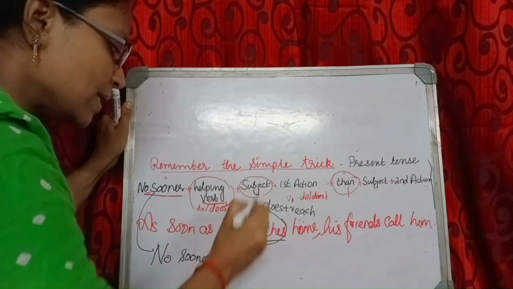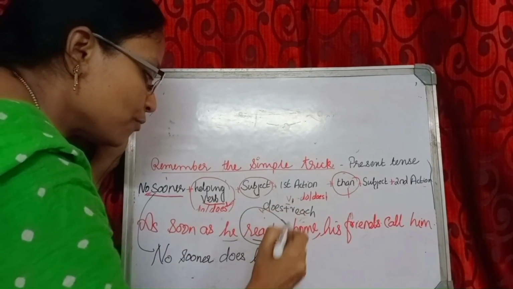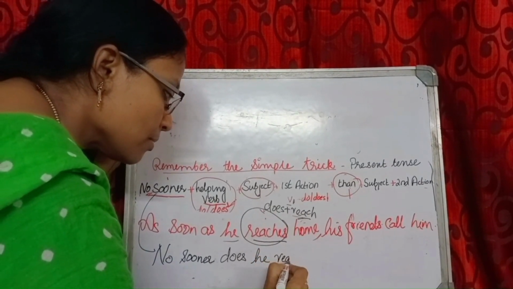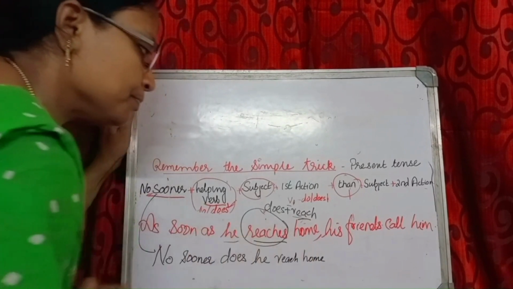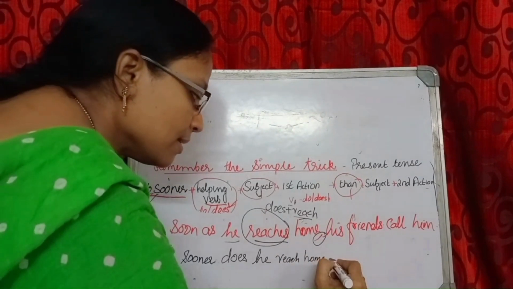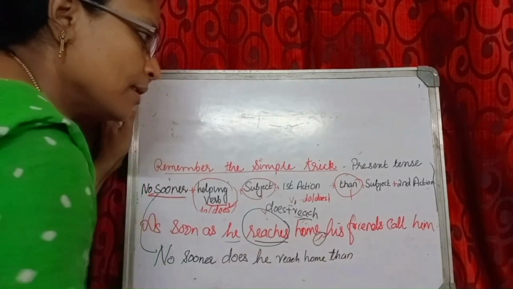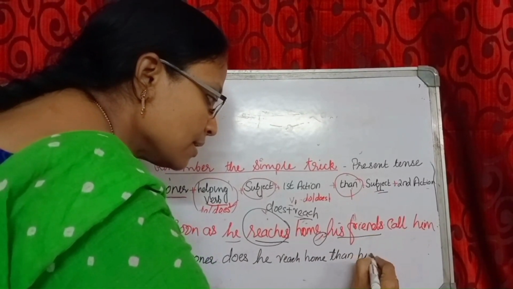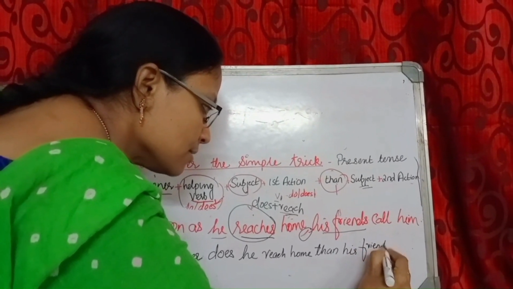Now the next one is the subject, he. Then the first form of the verb, that is reach. Reach home. Instead of this comma, I am writing than. Now the subject, his friends.